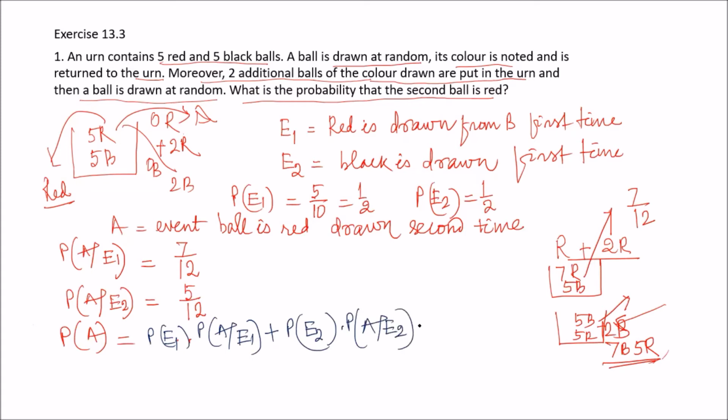So this will be how much? It will be 1 by 2 into 7 by 12 plus 1 by 2 into 5 by 12. That will be how much? 1 by 2 I can take common. So this will be 12 by 12. That will be half. Answer.